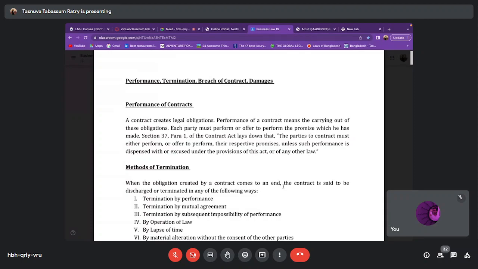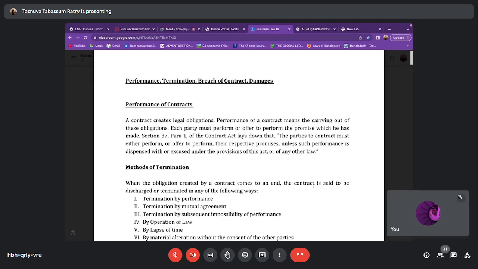So the first way you can terminate a contract is just by performing it, right? In a contract, there are legal obligations being created. Say for example, me and Samiha enter into a contract, and I have offered to sell her my car, and she has accepted that offer to buy my car. Considering that all the other essential elements are present, we have bound each other and created a contract.